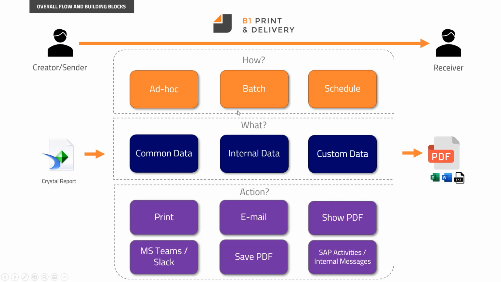You can do it in batches where we take all the invoices and send them, or some internal data and send them to multiple people. Or again, you can automate everything in a schedule. So every 10 minutes, it will just send all the unsent sales orders as an example, and save a copy of the sales order for some kind of external system.